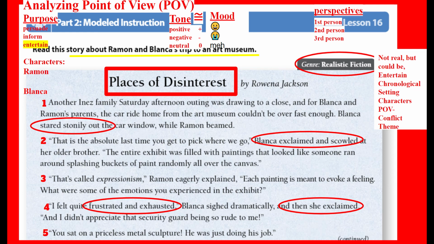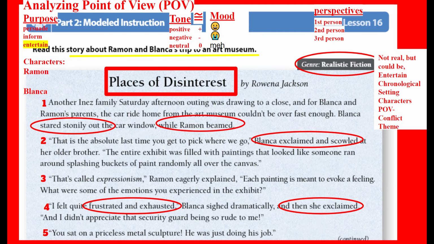So we know that, based on what her brother tells us in paragraph 5, that she sat on a statue. And I can assume that the security guard was probably not very nice to her whenever he was telling her to get off the priceless metal sculpture, right? So it sounds like Blanca did not have a very good time at the museum based on the evidence that we have circled in the passage, her actions and emotions.